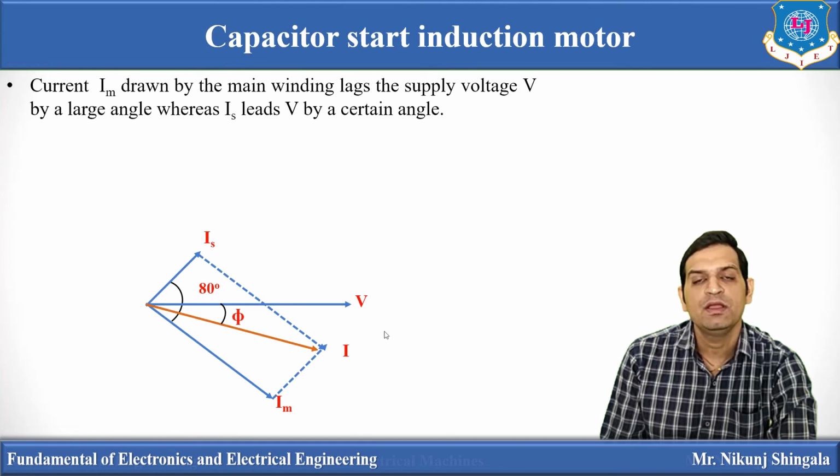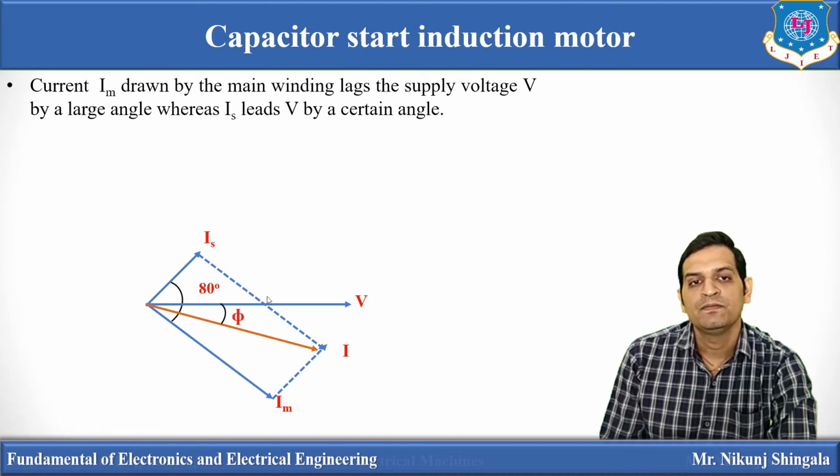This is a phasor diagram. Now IS will lead the supply voltage by some angle because the capacitor is there. So the starting winding is connected with the capacitor. IS will lead V by some angle and IM will lag behind V by some large angle because the main winding is a highly resistive winding.